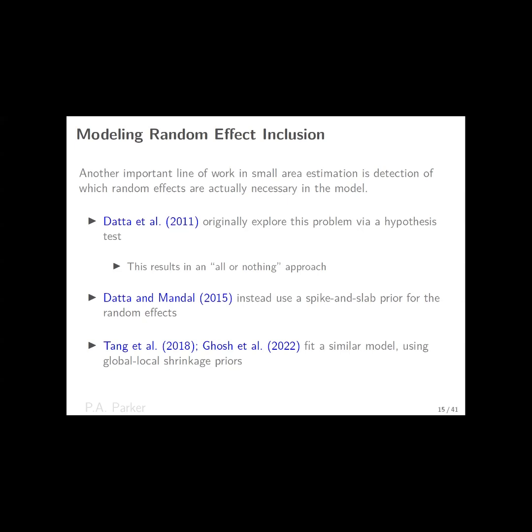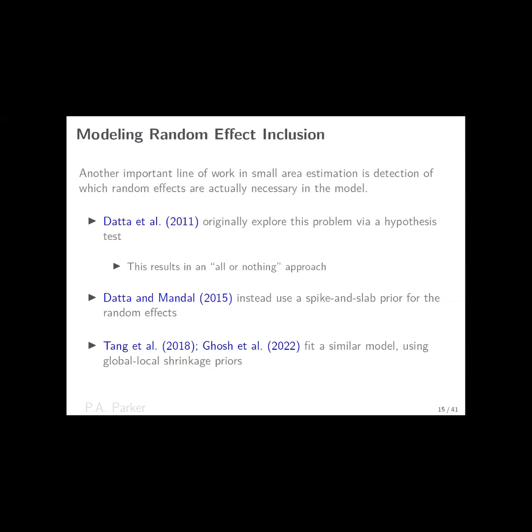So they were basically considering, do we include no random effects or all of the random effects? And they found in many cases, not including any random effects can give better results. So that's interesting because it kind of sets the stage for this inclusion or not of random effects, but it's not really desirable because it's an all or nothing approach, right? We either have all of the random effects or none of them, and they're not really considering anything in between there.